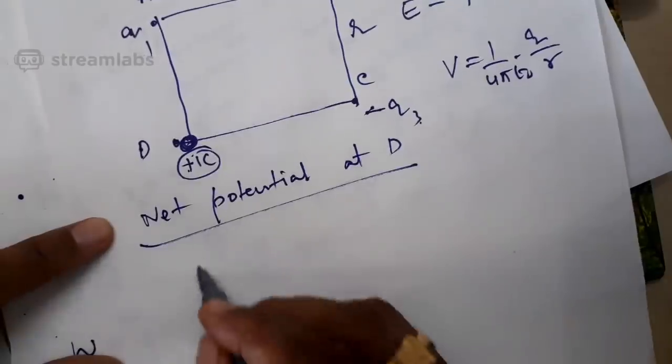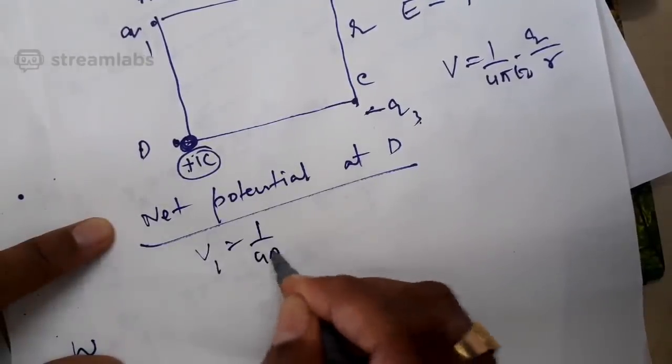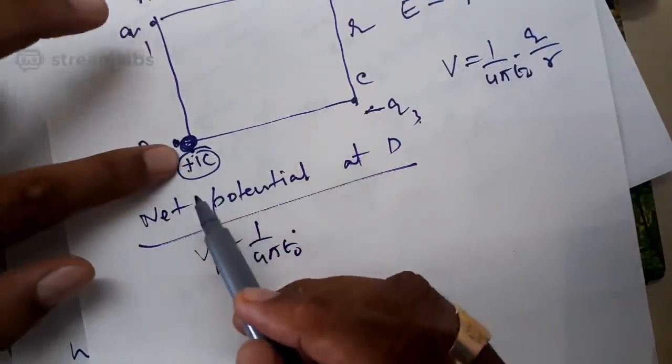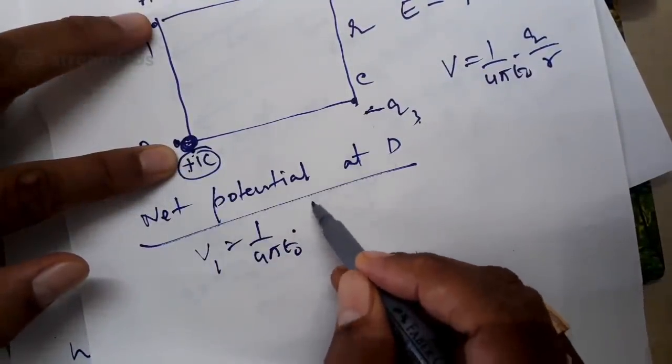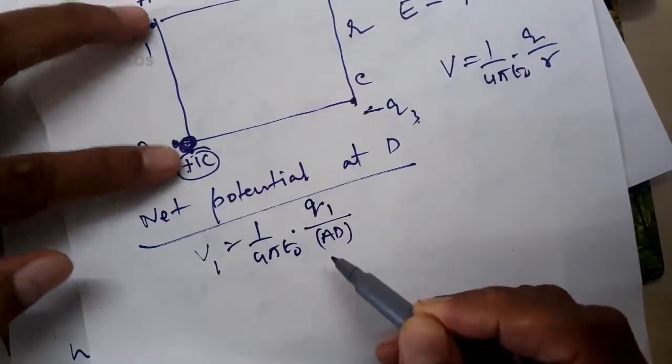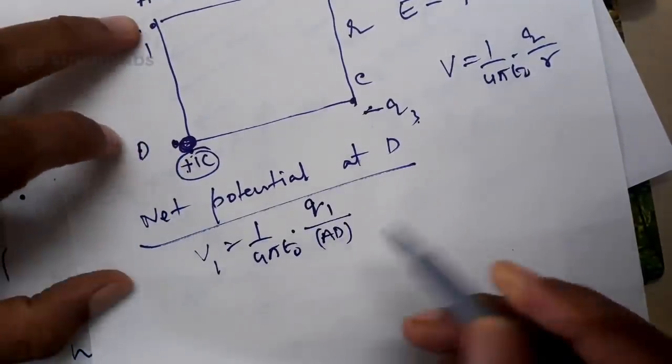So find them individually. V1 is the potential at D due to the charge at A: 1 by 4 pi epsilon naught into Q1 by R, where R is AD, the distance between the point and that point charge.